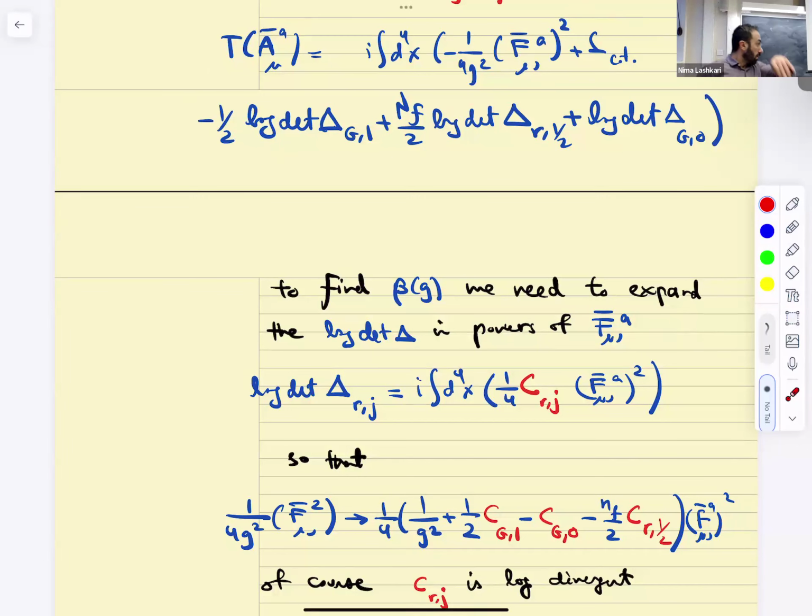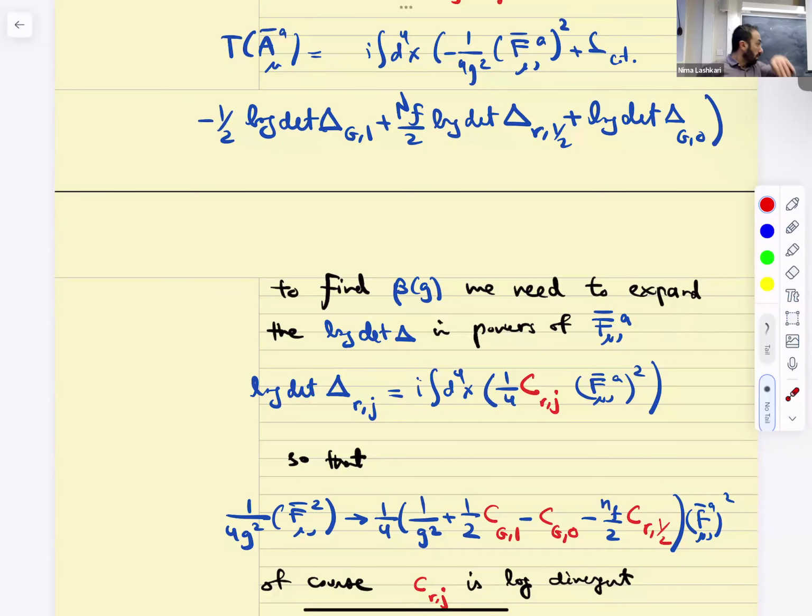So if log determinant of delta R J, expanded to the lowest order, is integral d^4x of 1 over 4 F mu nu bar a squared with some coefficient C_RJ, right? These coefficients C_RJ are the things that I will keep track of, right?